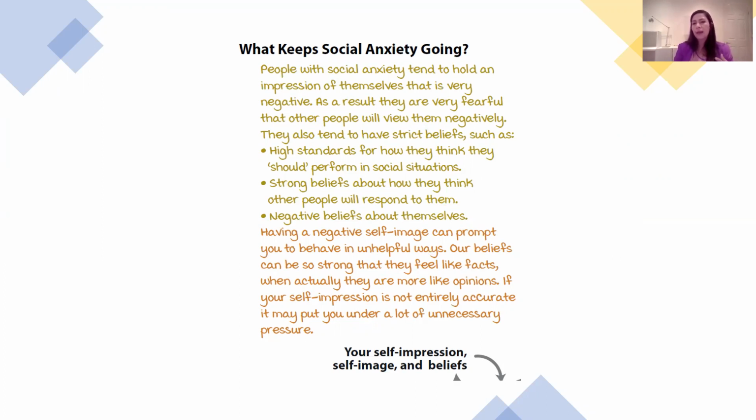And so, having a negative self-image can prompt you to behave in very unhelpful ways. Our beliefs can be so strong that they feel like facts, when actually they're more like opinions that we have. And if your self-impression is not entirely accurate, this can definitely put you under a lot of unnecessary pressure.